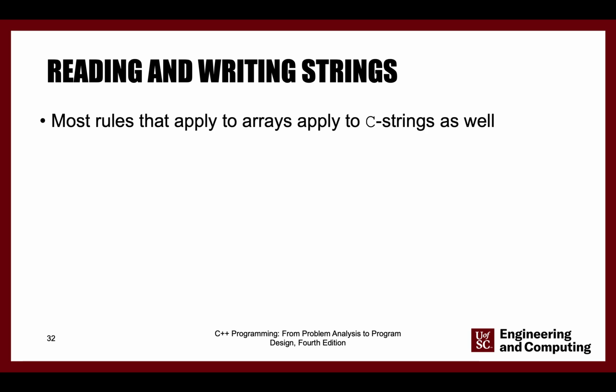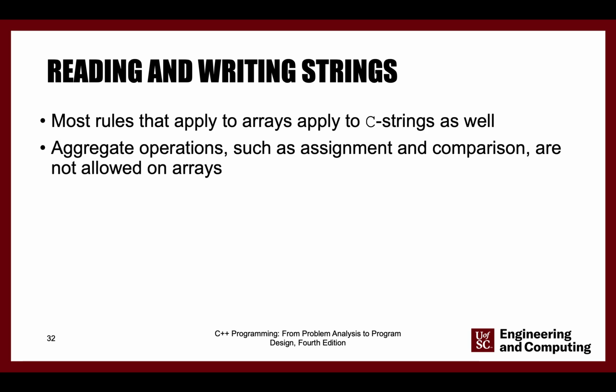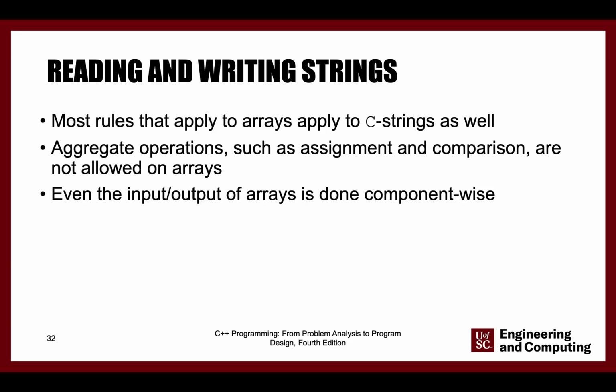So, reading and writing strings. Most of the rules that apply to arrays also apply to C strings. So aggregate operations such as assignment and comparison are not allowed on arrays, but we have some functionality that I just showed you with strings, right?